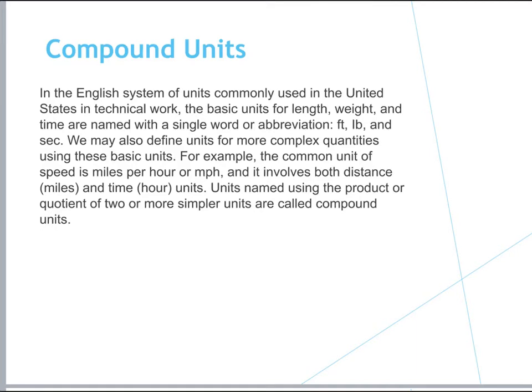For example, the common unit of speed is miles per hour, or mph, and that involves both distance, which is our miles, and time, hours, units. So the units named using the product or quotient of two or more simpler units is called a compound unit, and you will see how to do conversions with these in the coming slides.